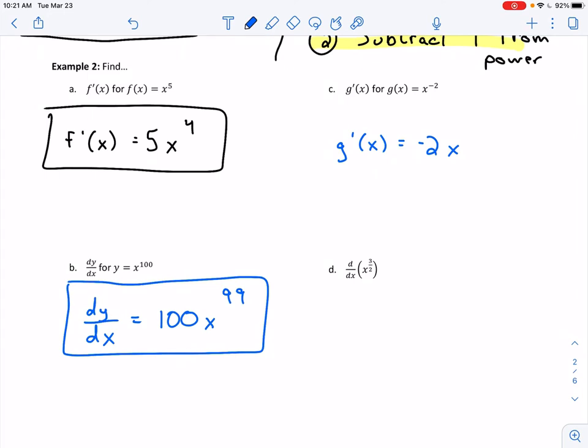I really want negative 2 minus 1. I don't like subtraction. I always like to think of it as plus a negative 1, negative 2 plus negative 1. My new power should be negative 3. And there is my derivative. So if you're working with negative exponents, please just be very careful with your signs.